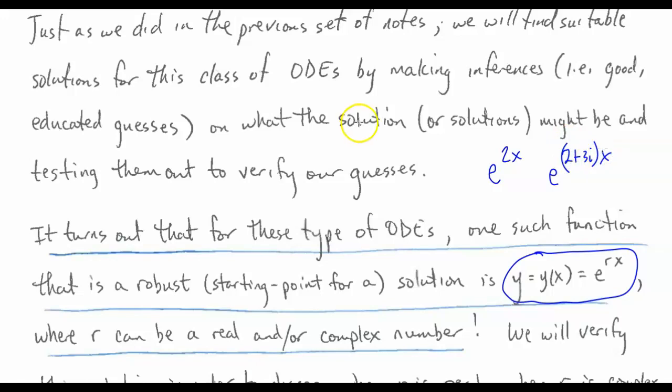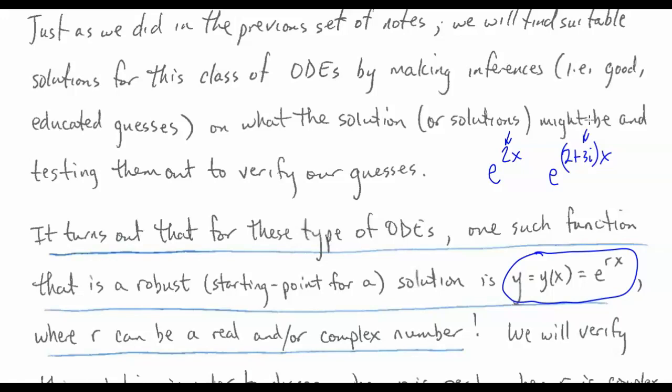Okay. No matter if I have a real number here for r or a complex number here for r, these types of functions are general solutions for a second order linear homogeneous ordinary differential equation.